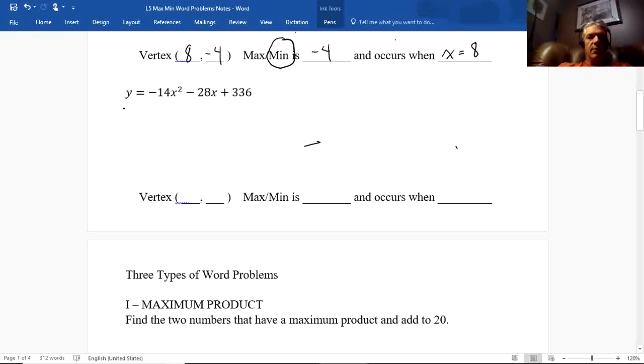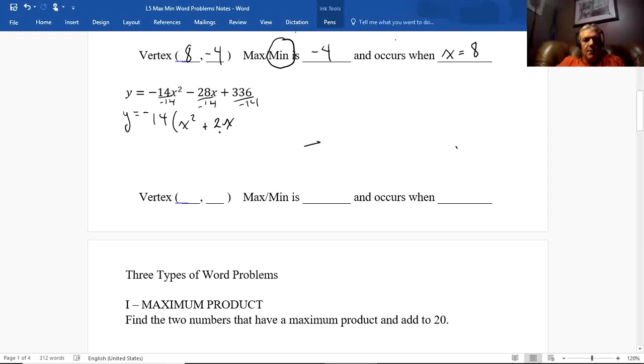To get rid of the minus 14, I have to factor it out front. And so this divides by minus 14. This is going to divide by minus 14, and this is going to divide by minus 14. And so I'm going to write minus 14 bracket, and that's going to give me x squared plus 2x, because 28 divided by 14 is 2.